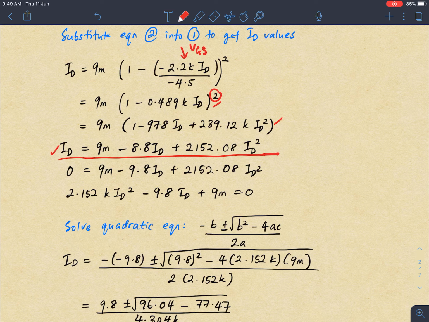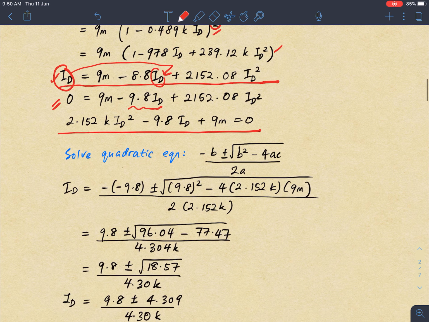Then we have to set this equation to 0, so I bring this ID to the right side. Because we have another ID, it becomes negative 8.8 ID minus 1 ID, which is 9.8 ID. Only here is the difference because this is 0. So this is the final equation for ID.